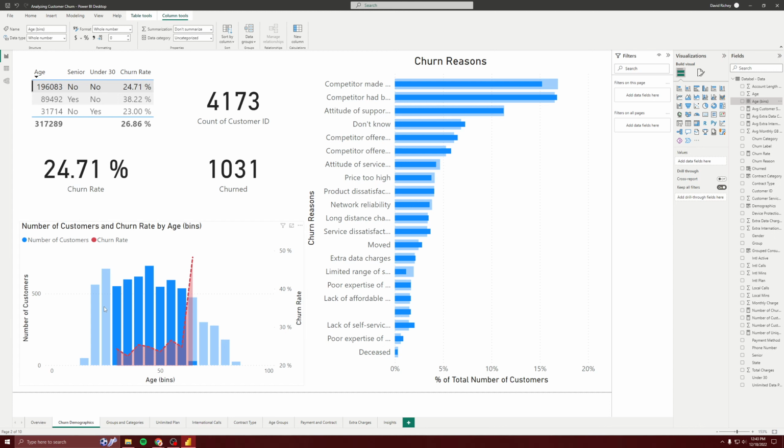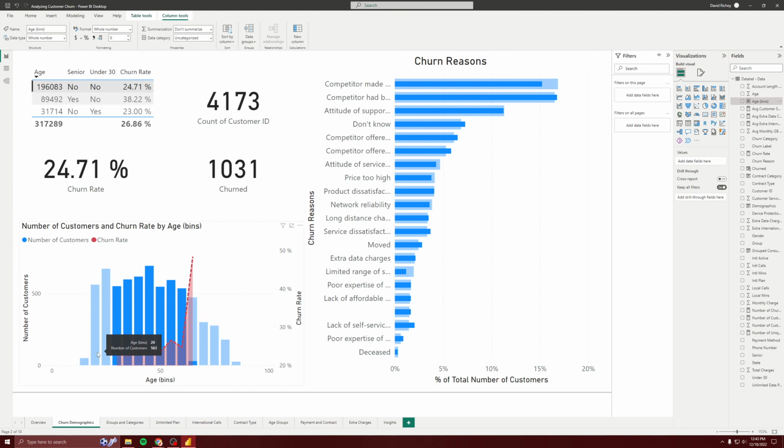So we see that churn rate goes really high among those a lot older, and it starts when they're 60 and it jumps up past that.